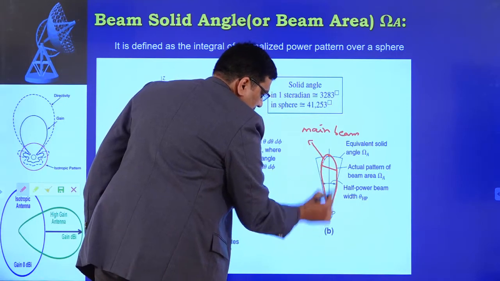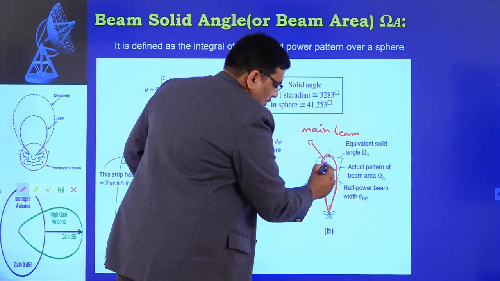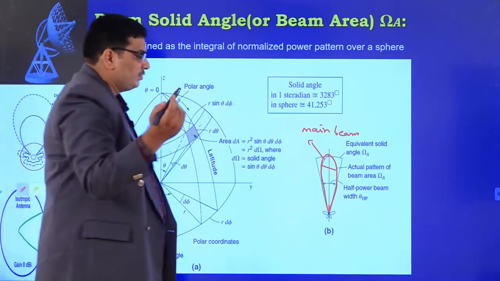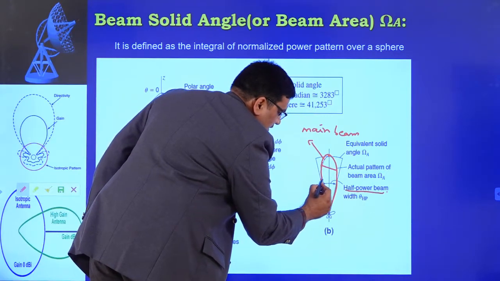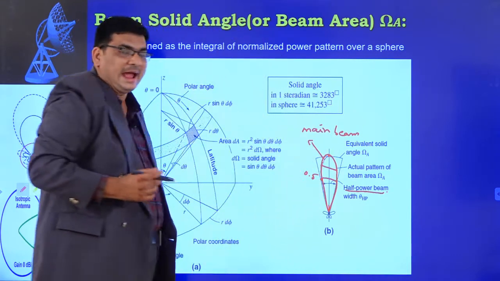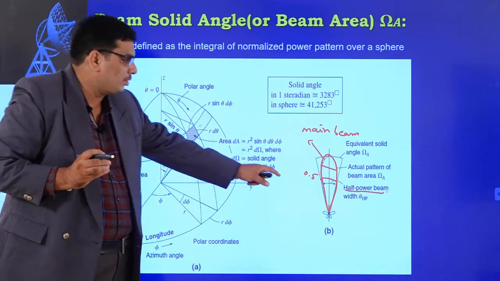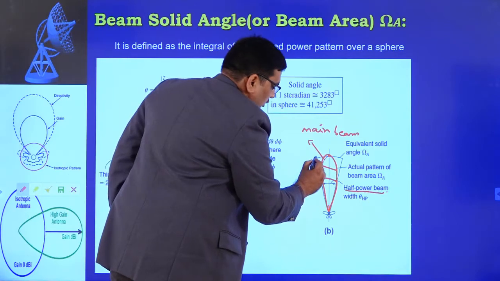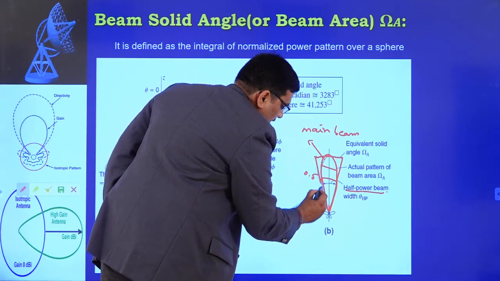If you draw the half power level, that is 3 dB or 0.5, for the power pattern, we draw a line at 0.5 and see the angular difference between the 2 points, which is our half power beam width. So, this is the total solid angle.